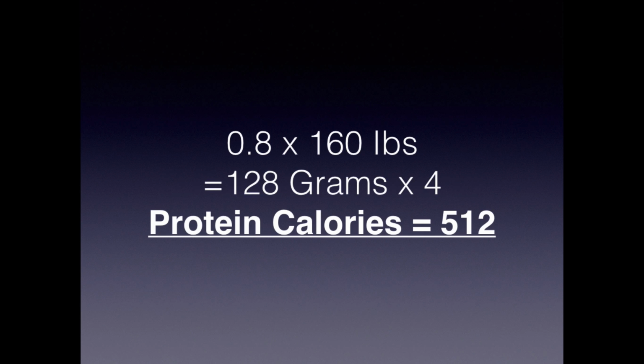Now you also want to work out how many calories that is. It's very simple because there are 4 calories in every gram of protein, so that equals 512 calories from protein. Protein done: 512 calories and 128 grams.